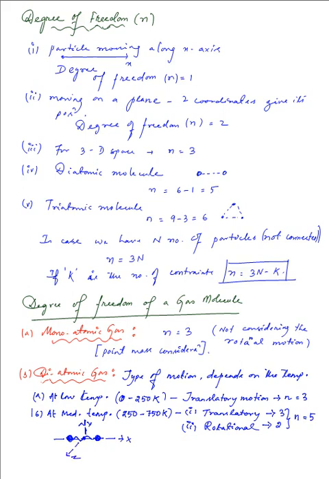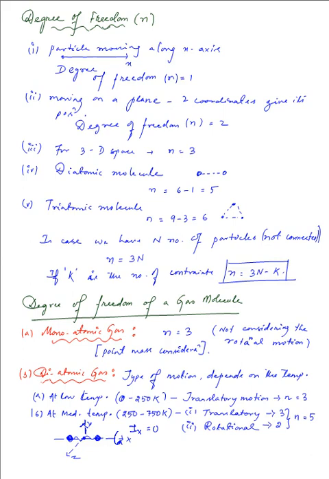Now obviously they will be rotating about both those axes, that is y and z, but in case of x, if they were to rotate about this axis, this rotation won't really contribute to the moment of inertia about the x-axis, because the distance from the x-axis is going to be 0. So with the moment of inertia about that axis being equal to 0, that won't contribute to the rotational energy terms, and as a result that degree of freedom won't really count.